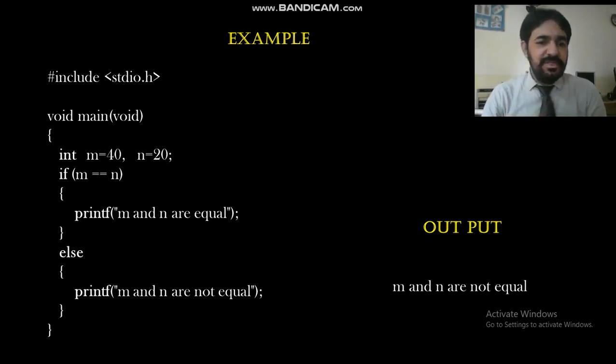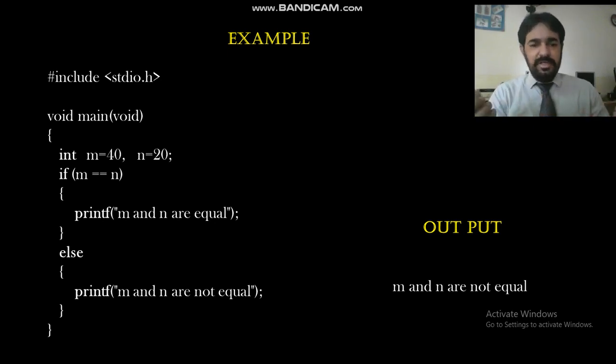So we are using two variables, integer m and integer n, and we are assigning values m equals to 40 and n equals to 20. Now we are adding a condition through which we will compare these values. If m equals to n, then print m and n are equal.